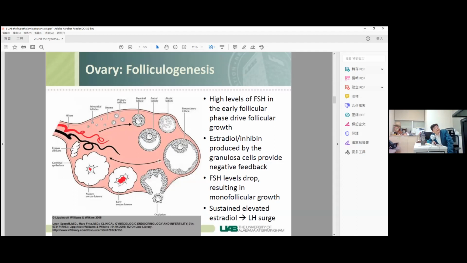Our ovary starts from the primordial follicle. This is so-called the reserve of our follicles. We can check the AMH level from our blood. If AMH is over 4, then your primordial follicles are very abundant. You are healthy.